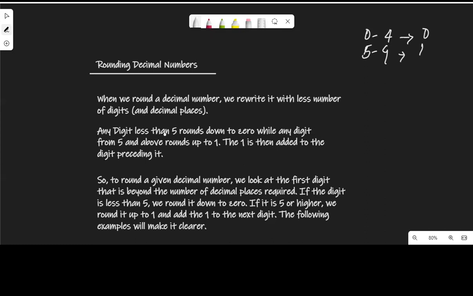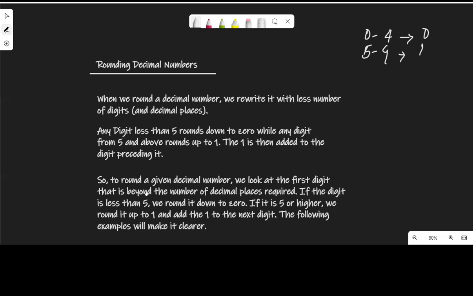So any digit less than 5 rounds down to 0, while any digit from 5 and above rounds up to 1. The 1 is then added to the digit preceding it, that is the digit that comes before the one we are rounding.